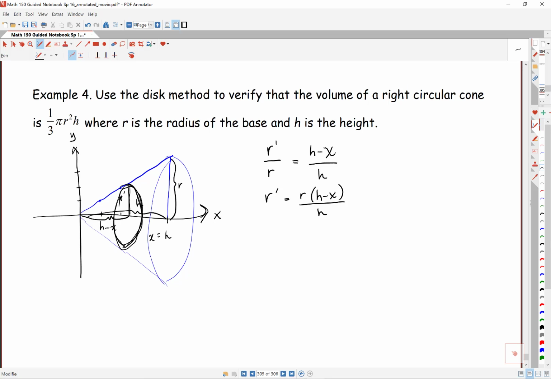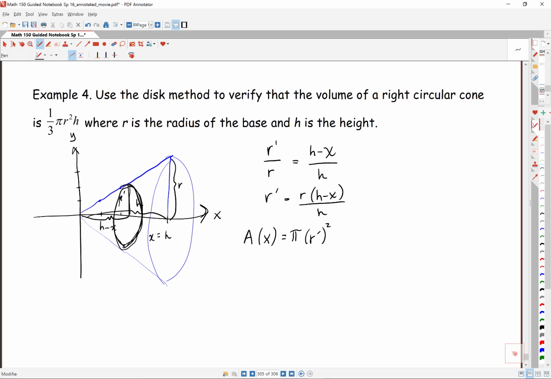So you'd end up with your area in terms of x equal to pi times r prime squared.